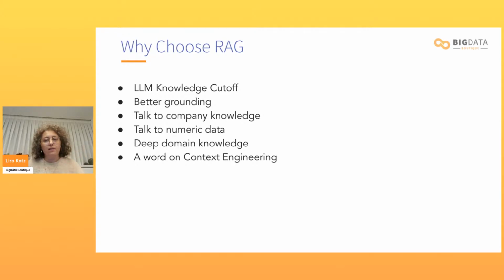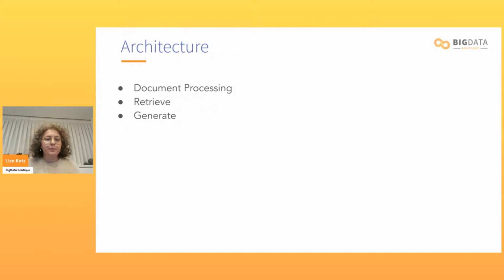If you build it in a way that it's focused, easy to understand, and clear, you're going to help the LLM perform the task in the best way possible. So what we're doing here when we're choosing RAG, when we're building our application, everything that we're doing is focused around being able to provide the best context possible to the LLM to perform a task.